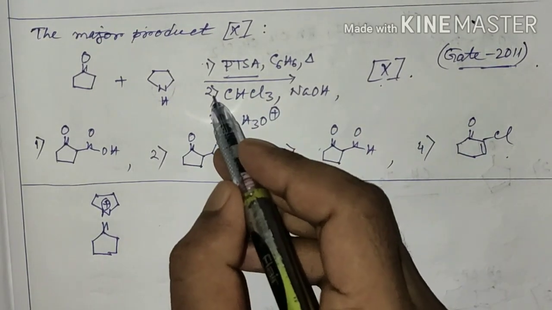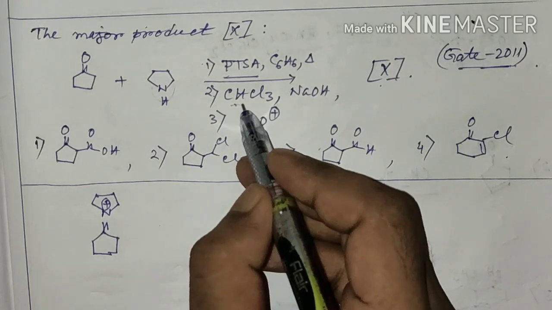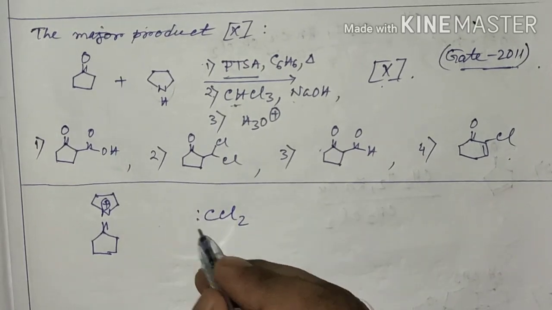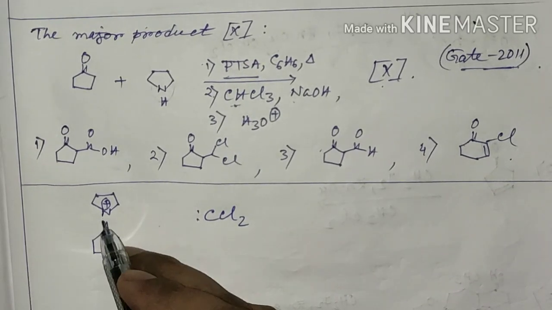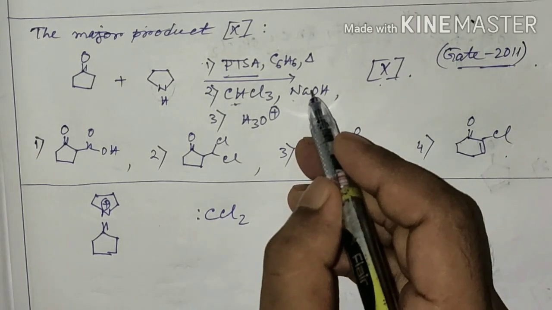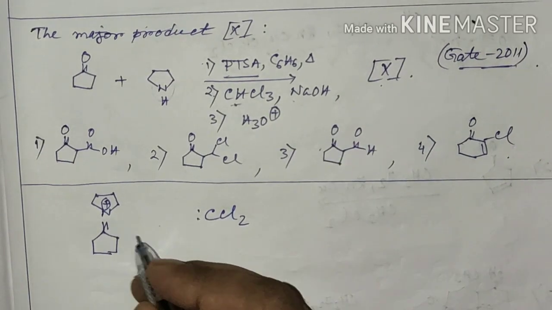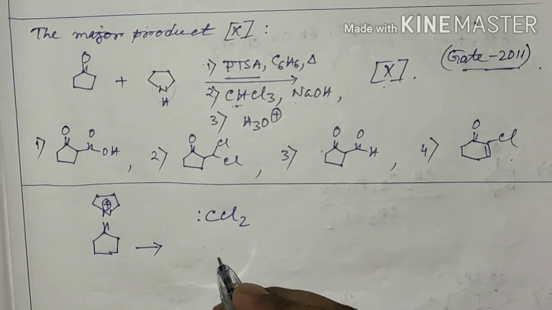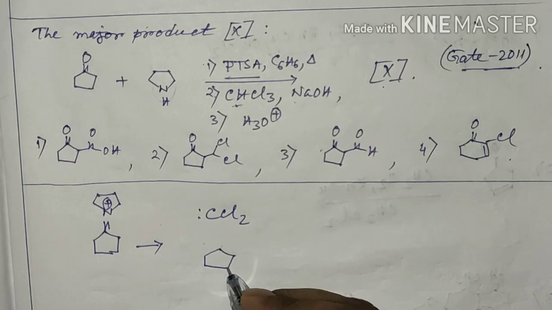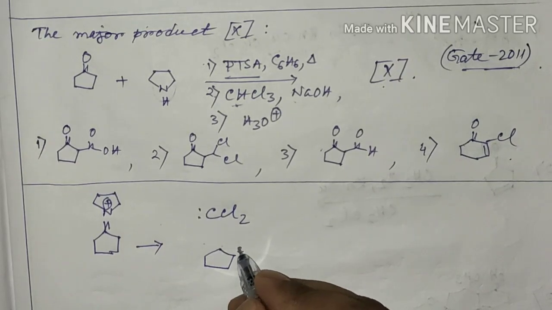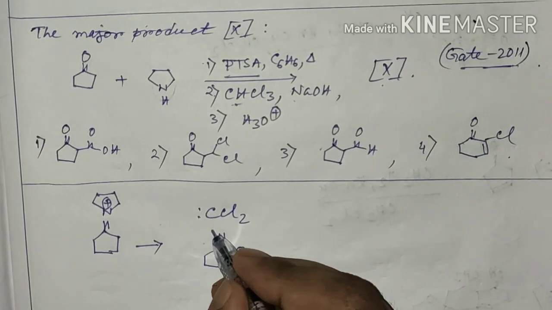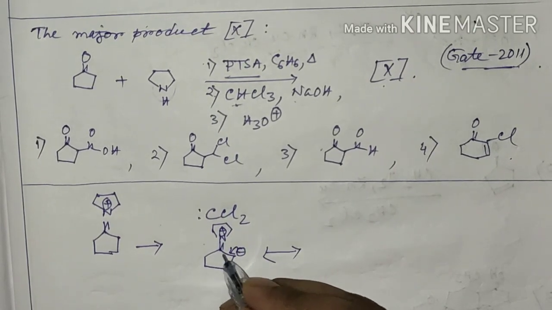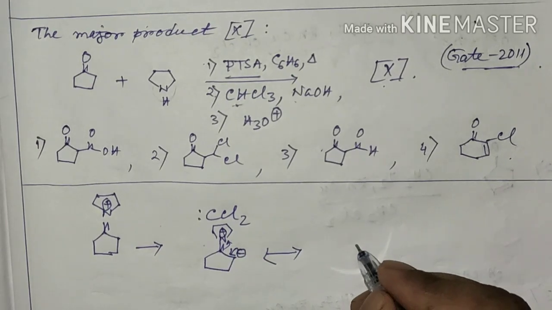Now from the second reagent we can say that it will generate the corresponding CCl2 carbene, and this carbene can attach to this iminium species. In the presence of base, the iminium species can be equilibrated with the enamine species. That is, here there will be an anion, and this anion forms a double bond here, where it will be nitrogen.